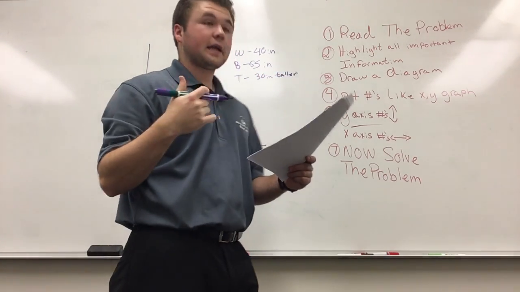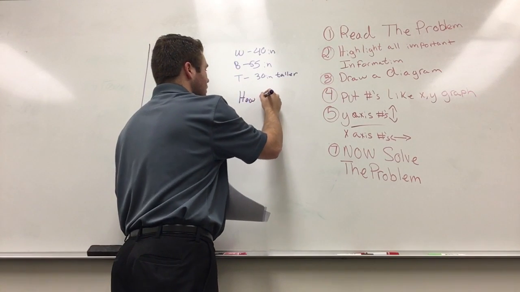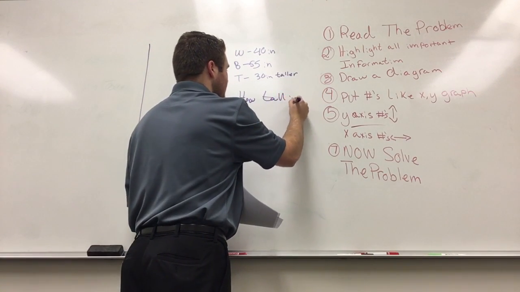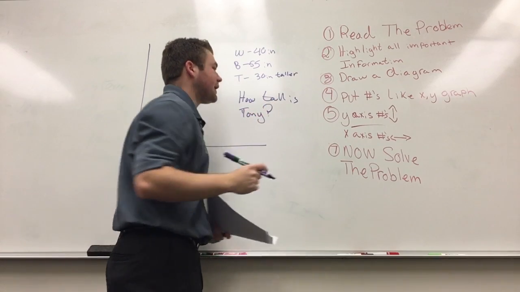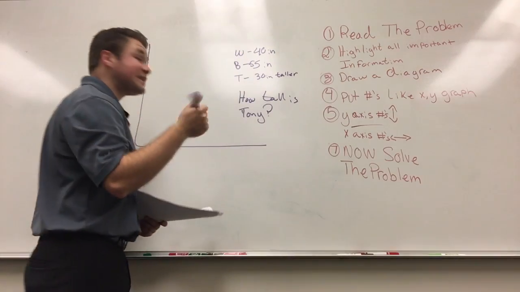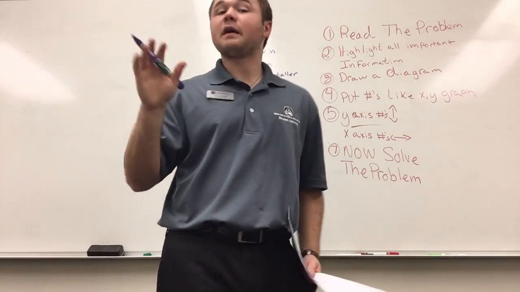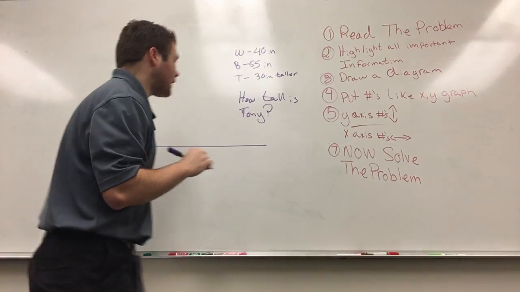But what are we trying to find out? We're trying to find out how tall is Tony. So how tall is Tony is what we're trying to find out here. Okay? So let's put it on the graph. So this is the instance. Remember I said that we can go up by 5s or 10s? This is where we're going to use that instance, but we're going to go by 5s here.